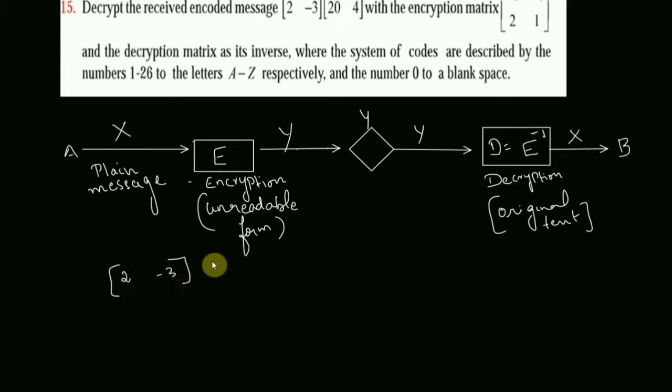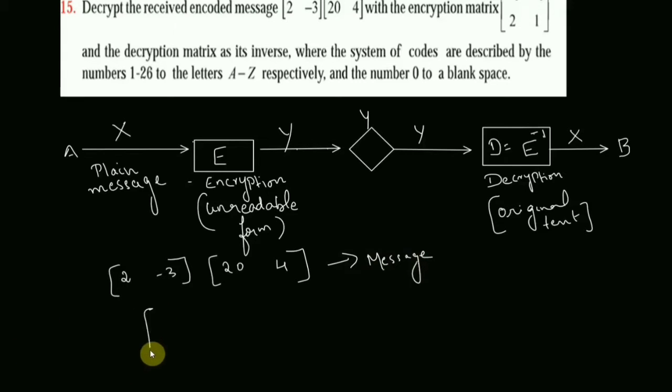So 2, minus 3 and 24 is the message converted by the person A into unreadable form. Okay, so in between nobody can read it, so it is in the unreadable form.